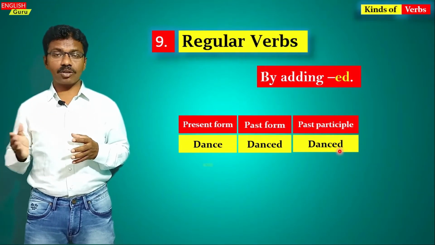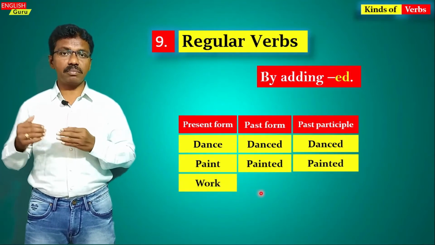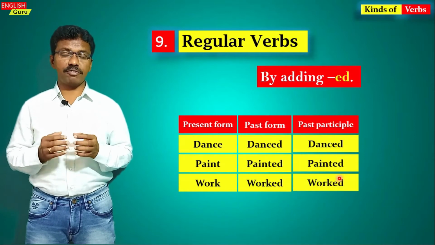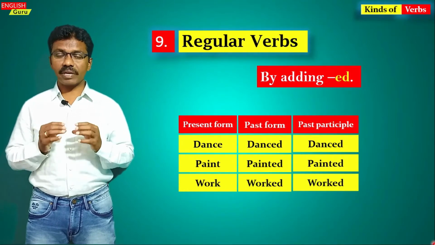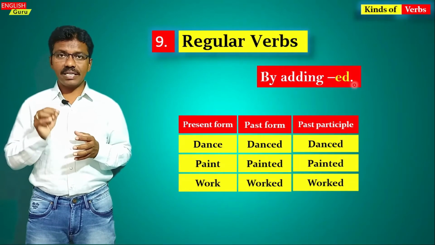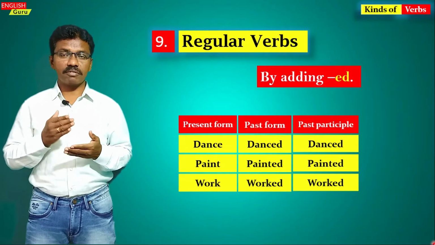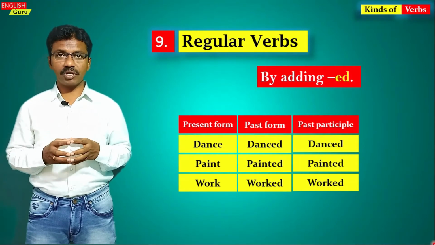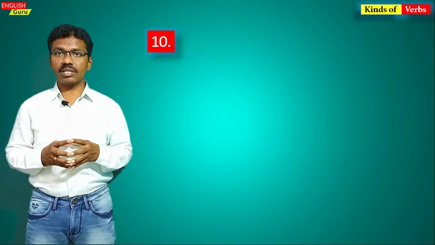And you can have dancing also, that is verb 4. In a similar manner, paint, painted, painted. Work, worked, worked. These are all regular verbs. If you add ed at the end of the base form of the verb, it becomes the second form and the third form of the verb, and if it becomes like that, they are called regular verbs.